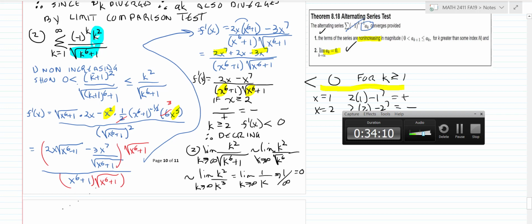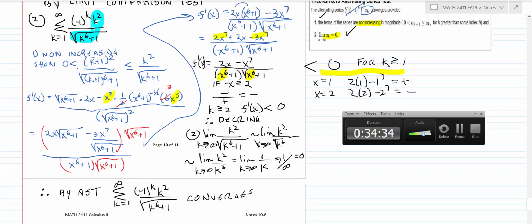So now we can just state our conclusion. Therefore, by the alternating series test, we just showed that this alternating series that we're asked to analyze converges. And when we put it all together, we could say this then.